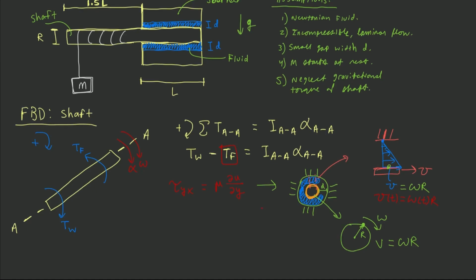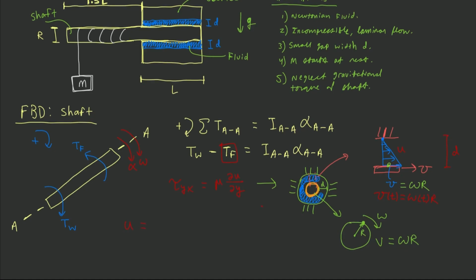Okay, so now that we have our velocity big U, we can determine the velocity profile of our fluid little u, which is this right here. So remembering that this is our gap width d, we could say that the velocity profile little u is equal to (0 minus U) over (d minus 0), noting that we're going to assume that our local coordinate axis here is positive y up, starting at 0 here at our shaft.